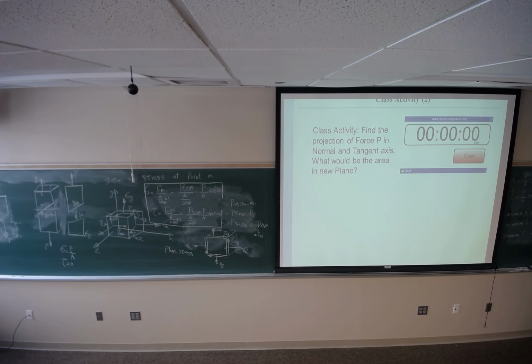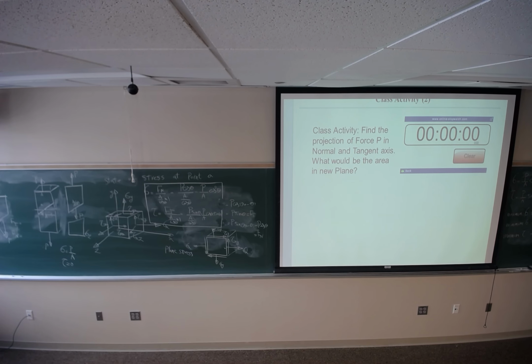Then 2 theta should equal 90 degrees, then theta is going to be 45. So at theta equals 45, we are going to get the maximum shear stress because sine of 2 theta is going to be 1, and this is the maximum possible value for sine.